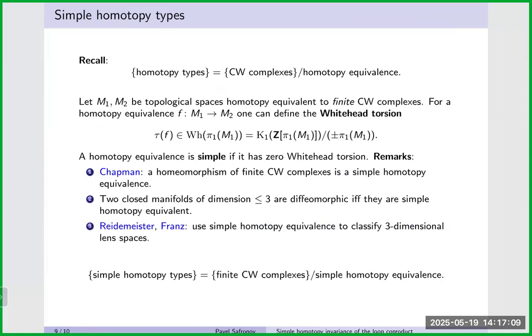So to explain what this class is, it's going to be expressed in terms of what's called the Whitehead torsion. Let me say a few words about what kind of object that is. So if you think about homotopy theory, if you think about homotopy types, you usually think about CW complexes up to homotopy equivalence.